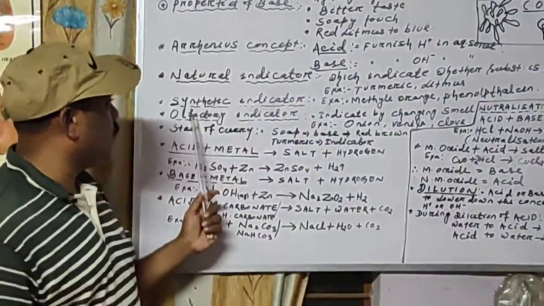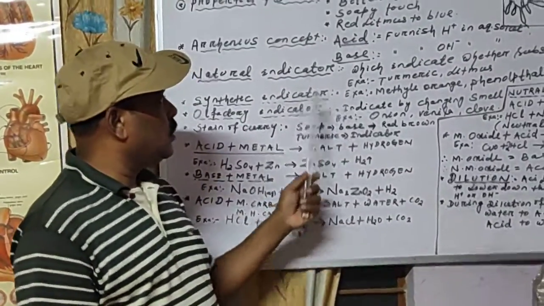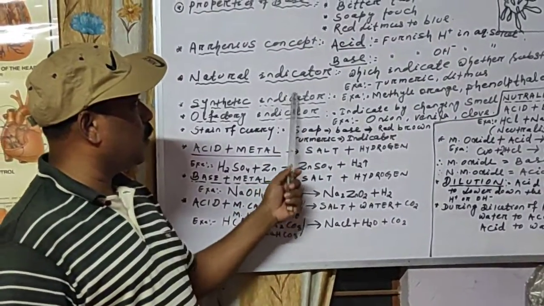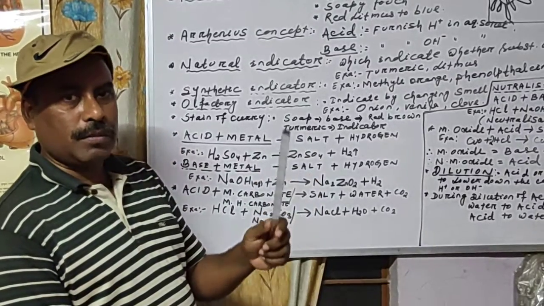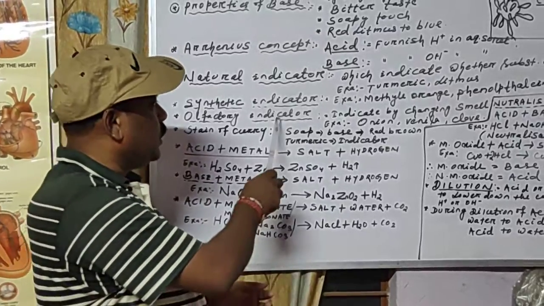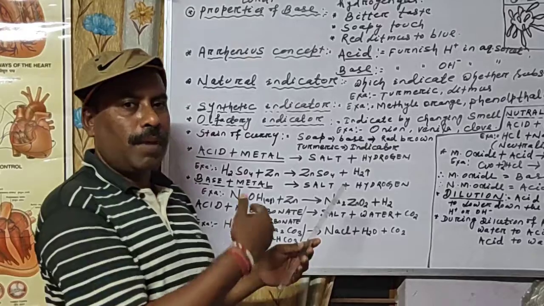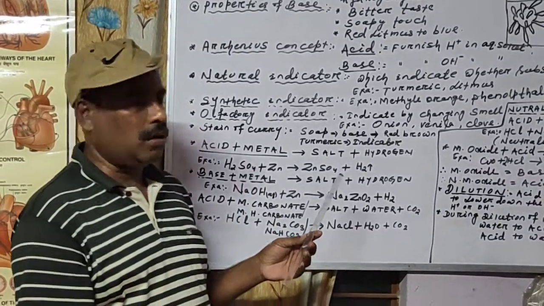Now we'll come to what is called the olfactory indicator. What we have seen here, these two types of indicator classify the substance by changing their color. But this indicator does not change its color, it changes its smell or odor.